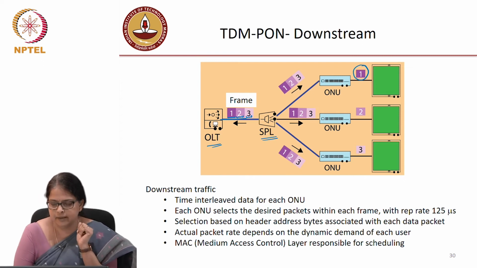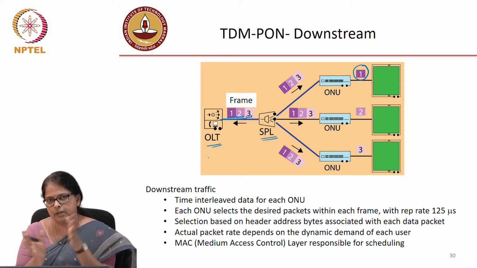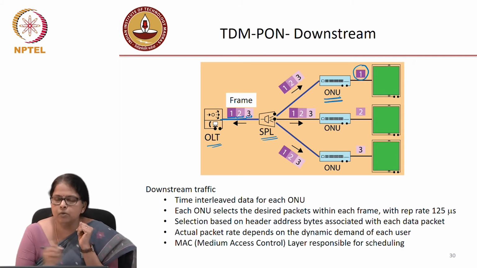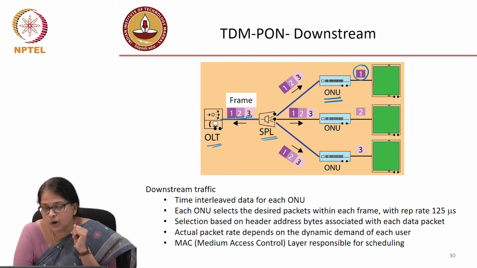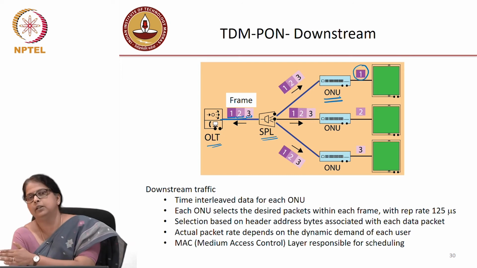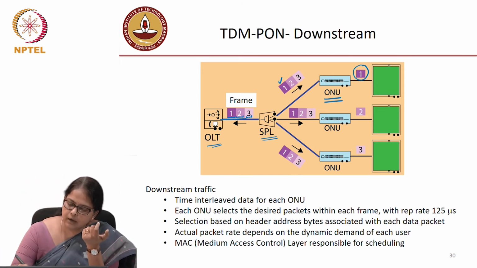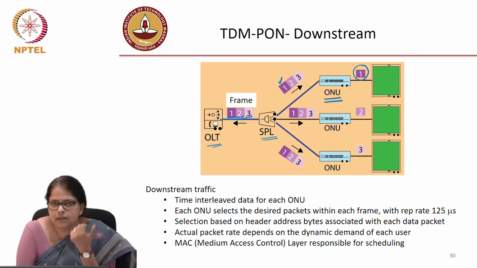You can interleave them. The optical splitter is a passive device, so it just splits the information into n arms, in this case 3 arms, which means each ONU, the device that is kept at each user, actually receives all the information meant for all the other users, but each ONU is programmed to pick what is meant for its use.